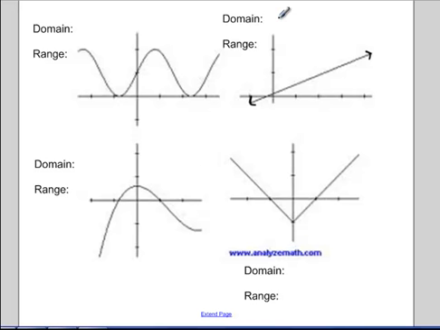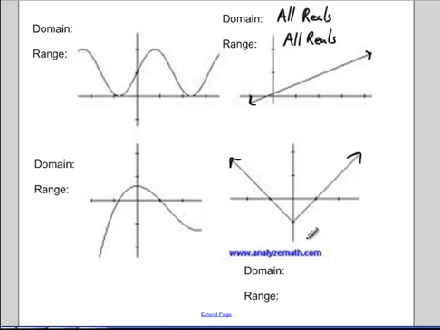So to make this simple for our class, we're going to say that since it goes all the way to infinity and from negative infinity, we can just state that as all reals. The range, again, goes from negative infinity up to positive infinity, so this is all reals. All real numbers.